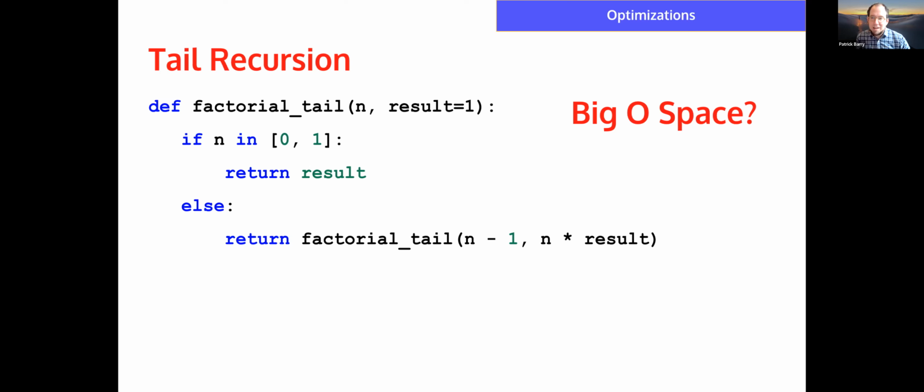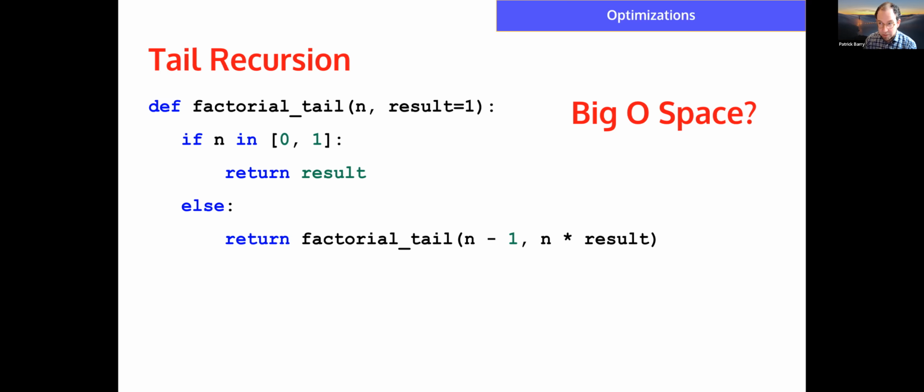it's probably not apparent why this version of factorial is significantly different than our original version of factorial. We're complicating the function definition by passing in this optional parameter result. But what this enables us to do is the recursive call to ourselves is now the absolute last thing that the function is doing.